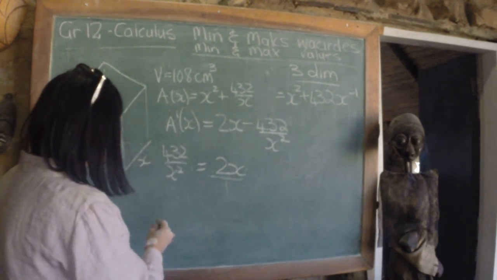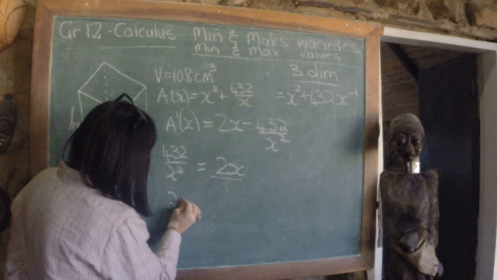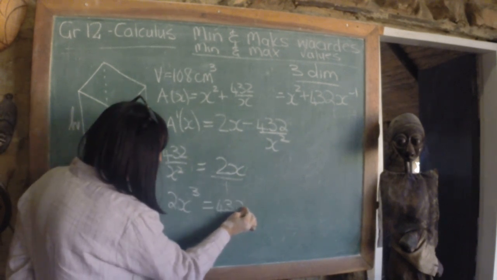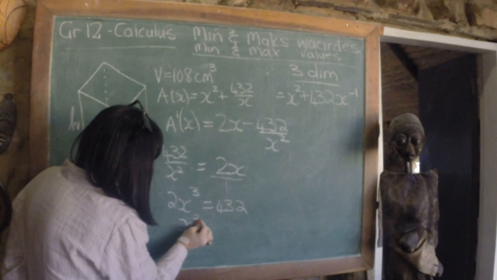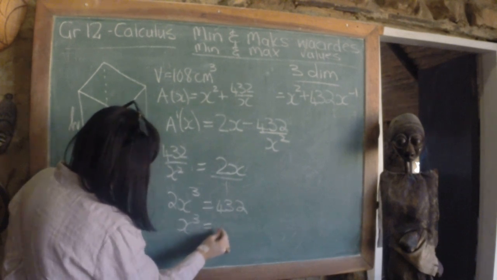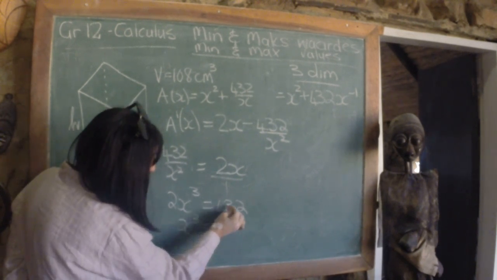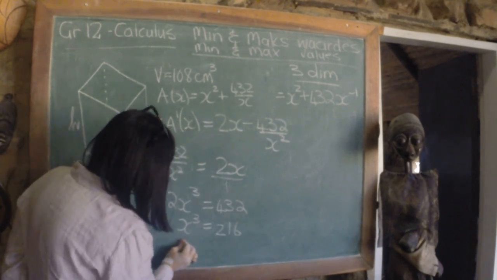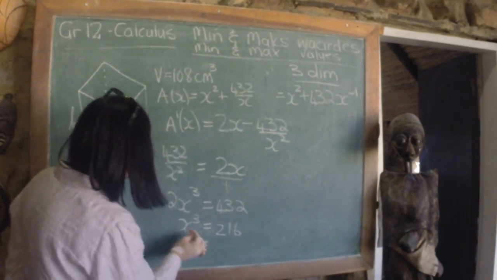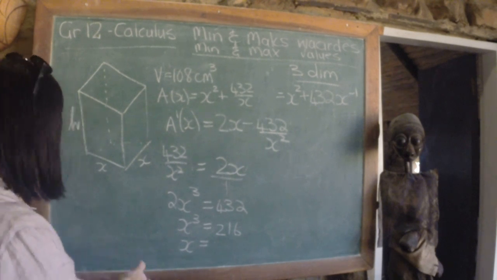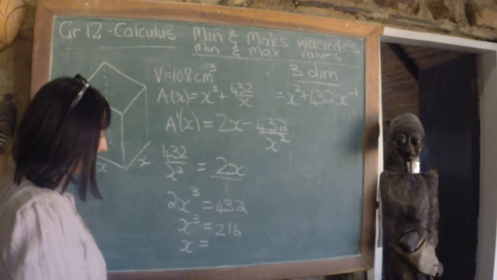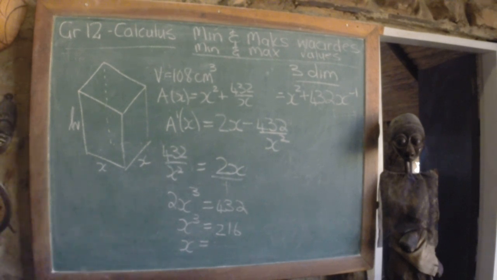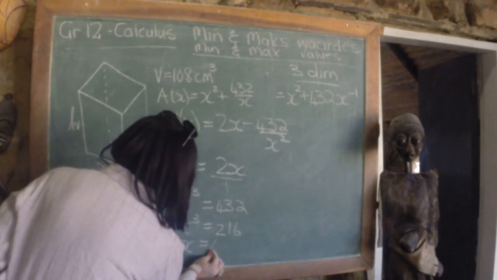Now we can do cross multiplication. 2x cubed equals 432. So as ek die 2 oorvat, dan is x tot die derde mag gelyk aan 216. So then, remember measurements can't be negative, maar dis ook 'n derde mag, so hy kan nie negatief wees nie. So die derde magswortel van 216 is gelyk aan 6.